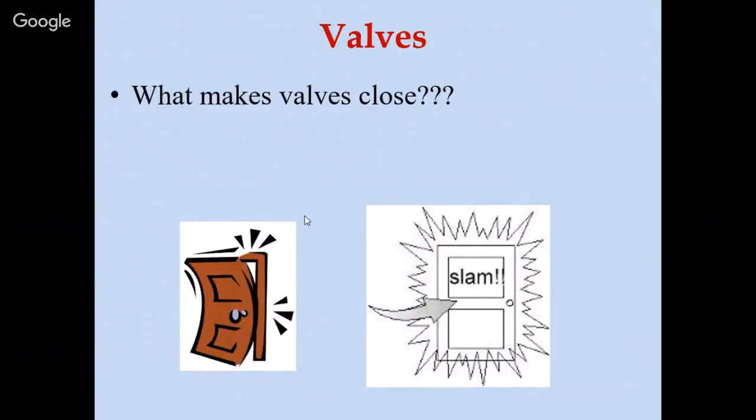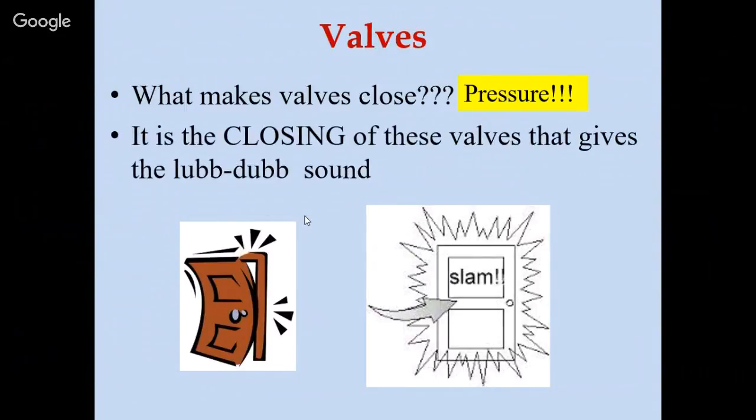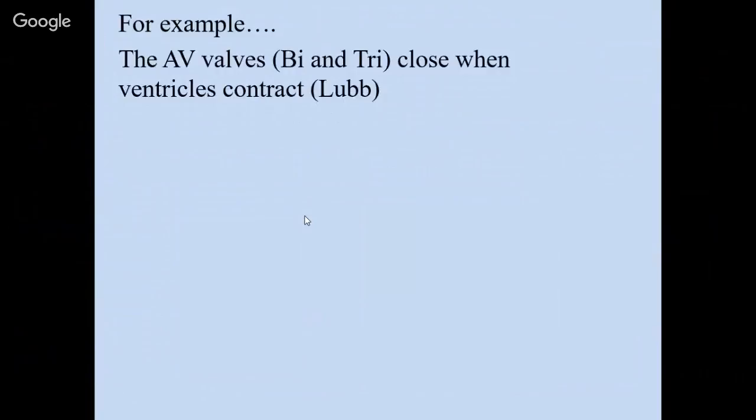What makes valves close? Pressure. It is the closing of these valves that gives the lub-dub sound. The AV valves, bicuspid, tricuspid, close when the ventricles contract. So that's the lub.